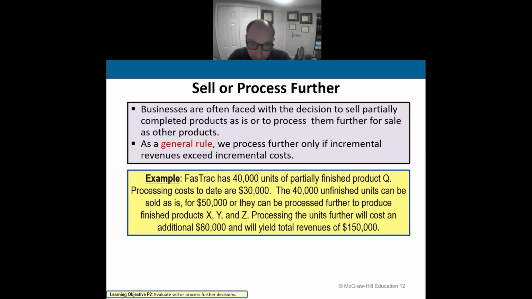In the long run, it would make sense to process it further, because we're doubling the gross profit by processing it further, and that's ultimately what it comes down to, regardless of what's happening on the customer end. Excellent points. Great conversation. Awesome, thank you.